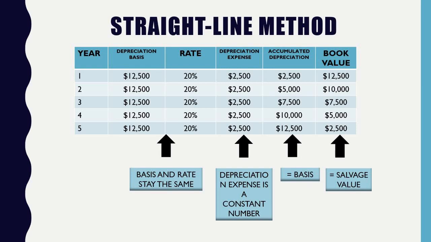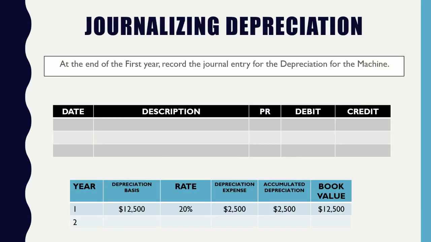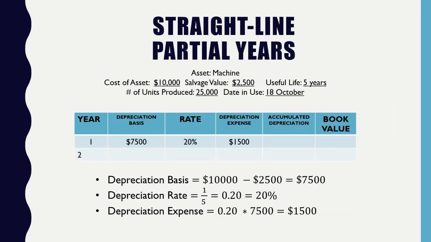We don't need to calculate it. But in the other case, when we looked at double declining, we need to take the book value because every single year we're cutting it in half, or roughly half. Okay. Gotcha.